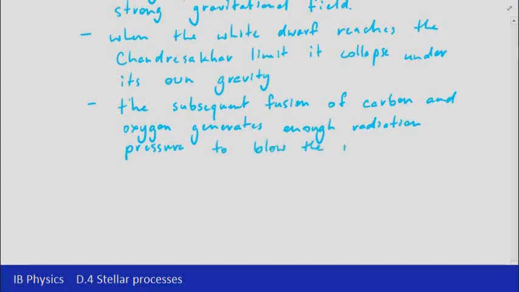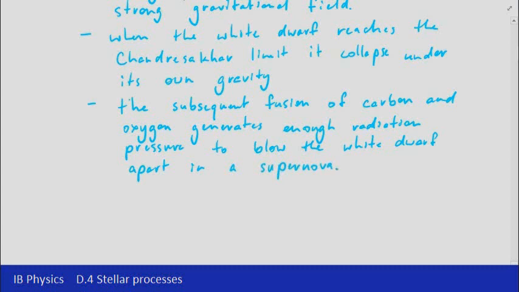So it blows the white dwarf apart in a supernova. So that's the type 1a.